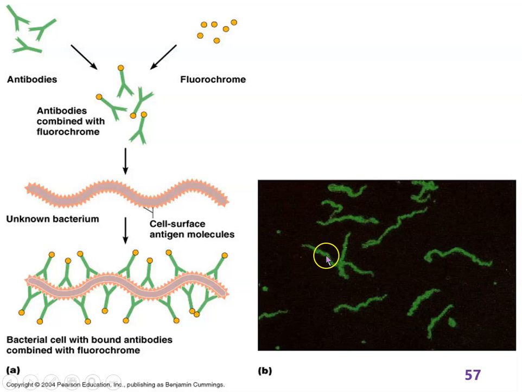So in this case, it's lighting up the entire cells, but you could just as easily have gotten an antibody that finds one little rare thing on the outside of the cell, and it would only show up here, and that is the type of thing you might do in research.